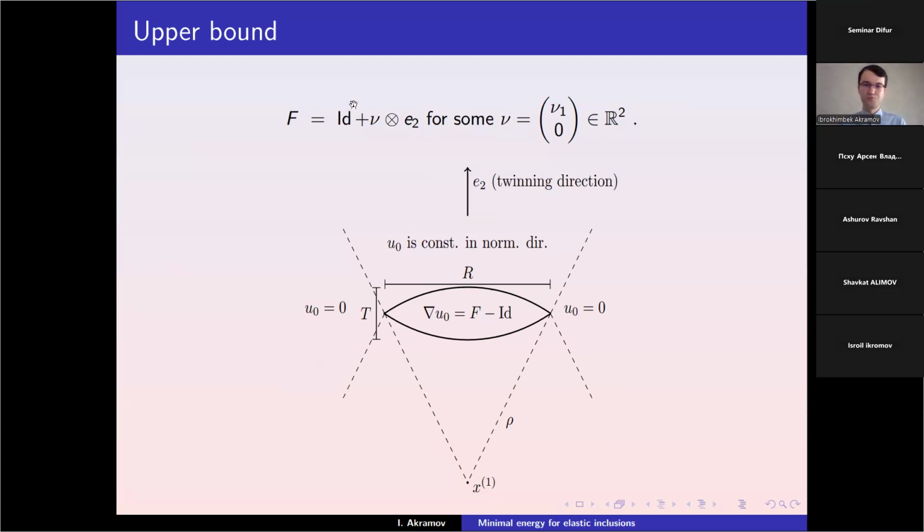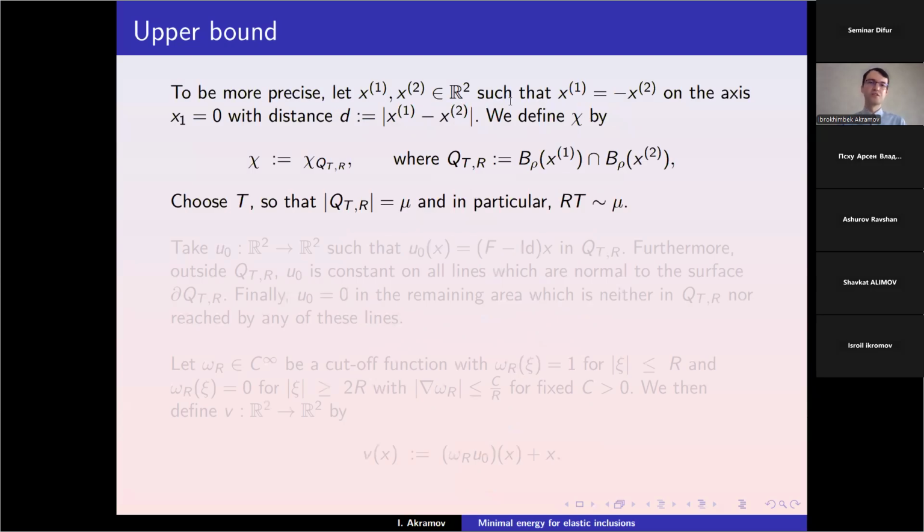Okay, let's be more precise. How to choose this u0: let x1 and x2 be in R2 such that x1 equals minus x2 on the axis x1 equals 0, and d is x1 minus x2. And we define chi as the characteristic function of Q_t^r, where Q_t^r is the intersection of two balls with centers x1 and x2 with radius rho.